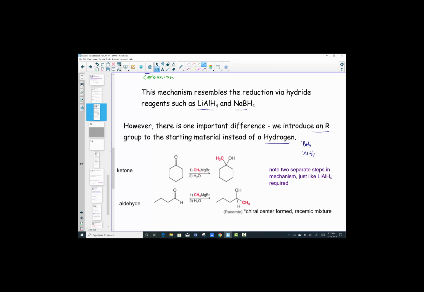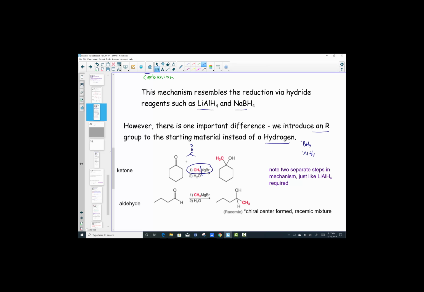But if I use a Grignard reagent, recognized as having that magnesium separating the methyl group and the bromide, that means I can treat this as an ionic bond, and the nucleophile here is a methyl group. So here is our carbonyl carbon.